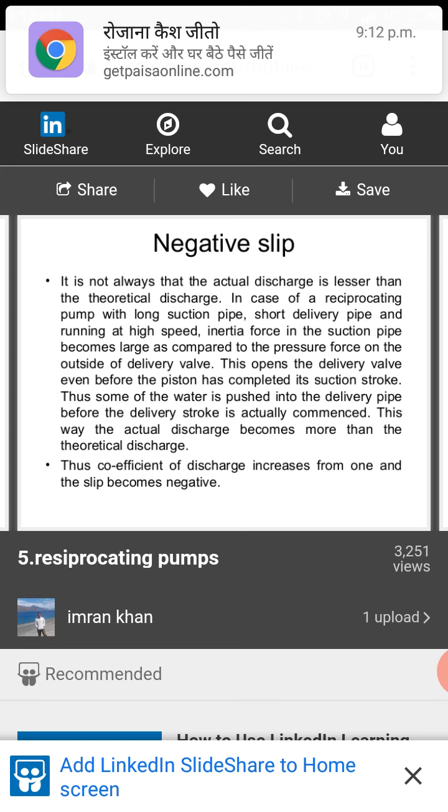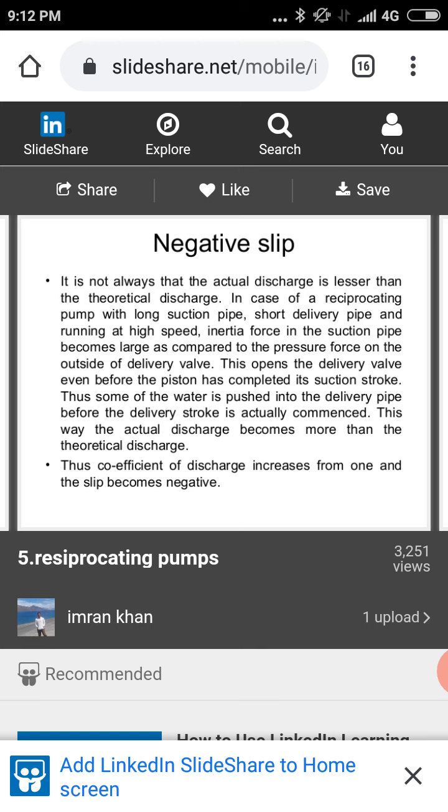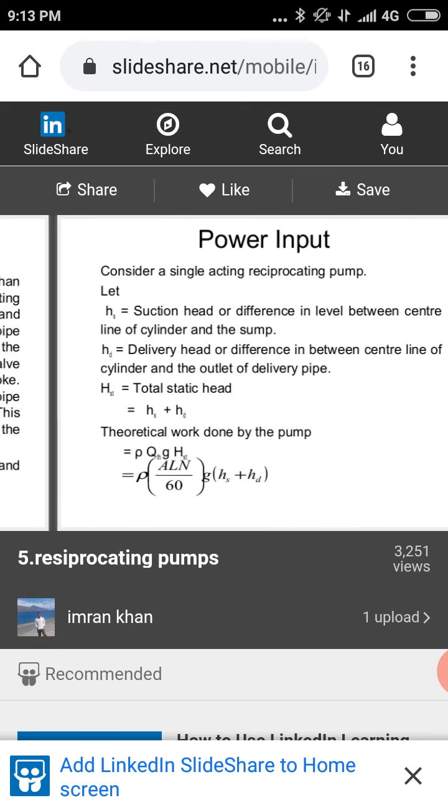This opens the delivery valve even before the piston has completed its suction stroke. Thus, some water is pushed into the delivery pipe before the delivery stroke actually commences. In this way, the actual discharge becomes more than the theoretical discharge. Thus, the coefficient of discharge increases above 1, and the slip becomes negative.